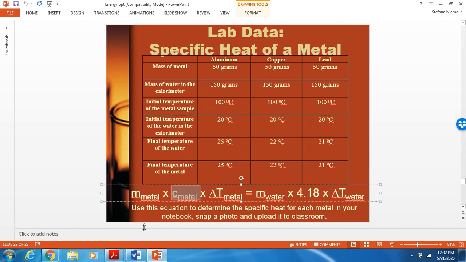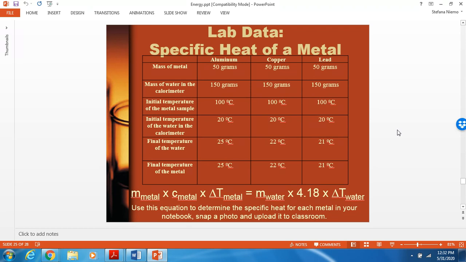So what I'd like you guys to do is use some algebra in this data table and determine the specific heat for each of these three metals, aluminum, copper, and lead, using the data from this table and that equation at the bottom.